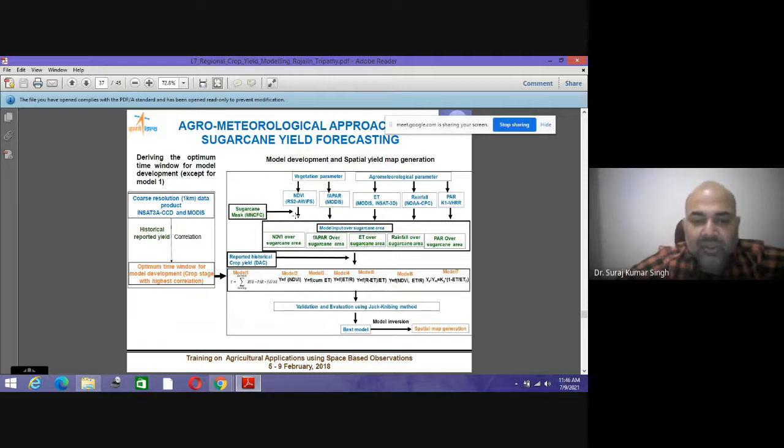All such parameters will be overlaid together in the remote sensing GIS platform to create an NDVI cover of the sugarcane area, then FPAR over sugarcane, then evapotranspiration, rainfall, and finally we'll create a model. This model will be correlated with the field data sets, validated, and evaluated to find the best model, so as to create a spatial map of that area.